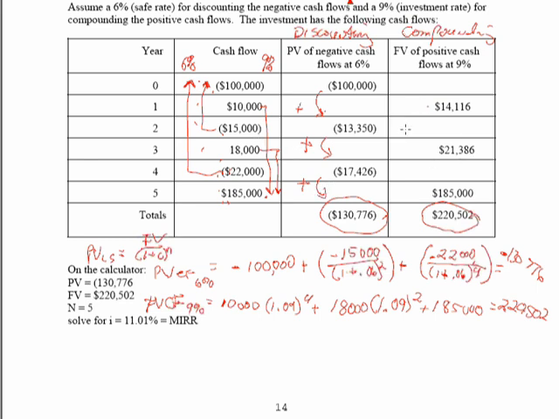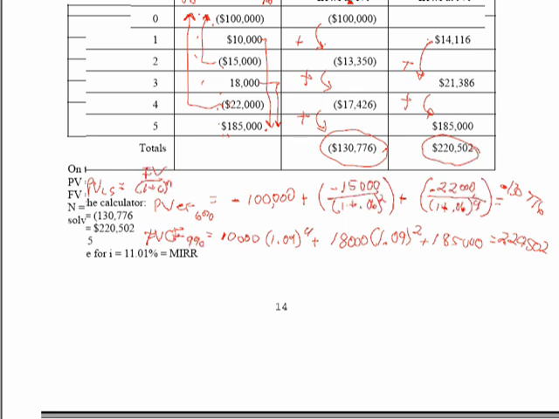So now all the cash flows have been summarized or reduced to one large negative cash flow at the beginning of the investment period and one large positive cash flow at the end of the investment period. And then the last step is just to use our time value of money menu on our calculators to find the interest rate that makes these equal. That makes the present value of the negative cash flows equal to the future value of the positive cash flows.